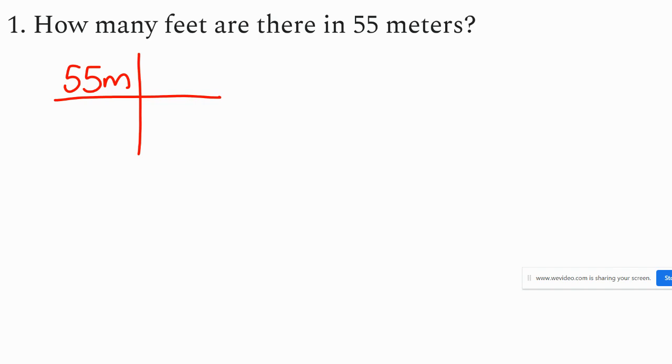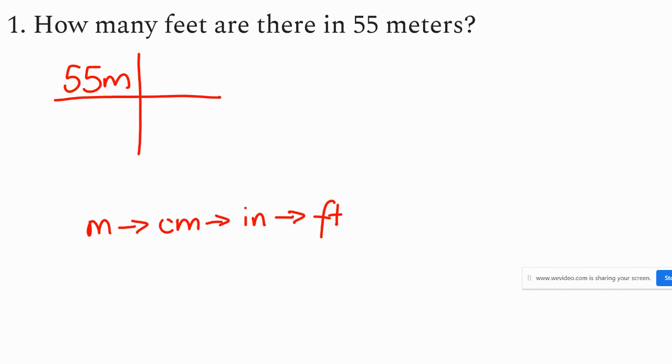Does that make sense? So my path is going to be meters to centimeters, and then centimeters into inches, and then inches into feet. So that kind of tells you my path.